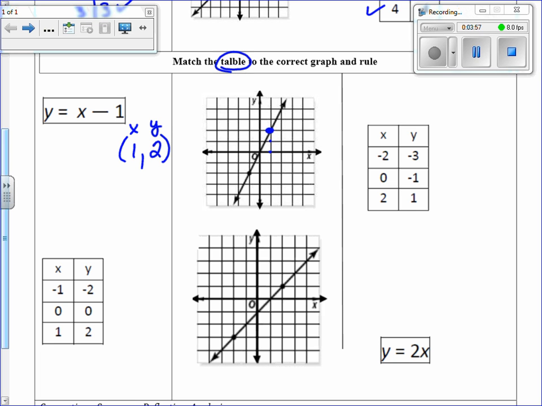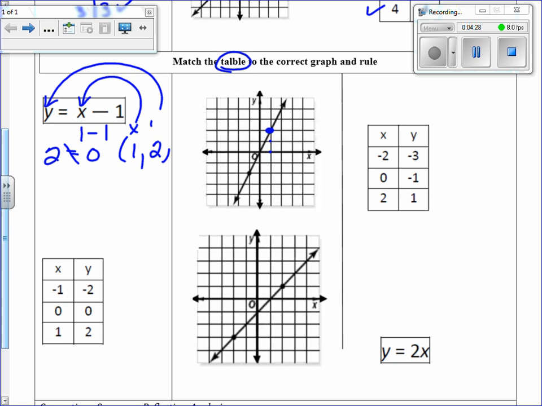So I'm going to say 1 minus 1, okay, I substituted that x value in, and 1 minus 1 is 0, but my y value has to be 2. Does 2 equal 0? No, it does not. So this graph would not match this rule. These two do not match at all. So let's try a point from our other graph.